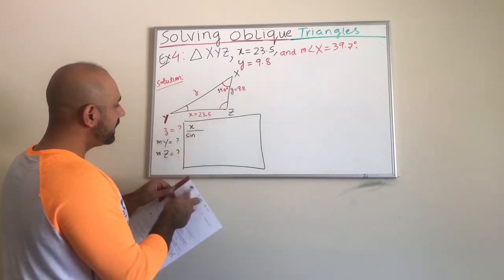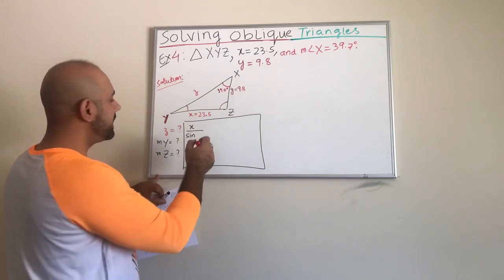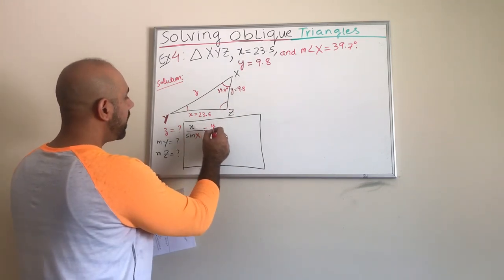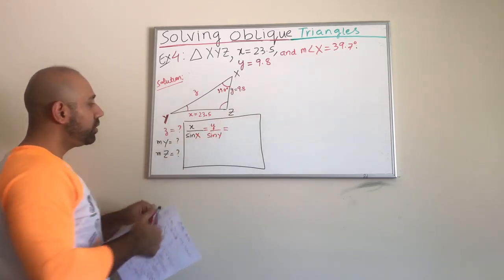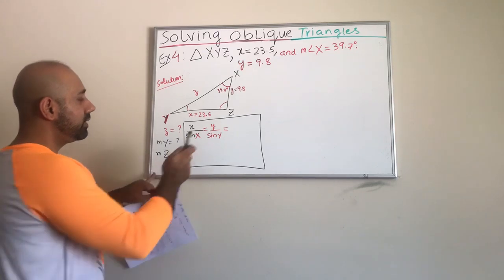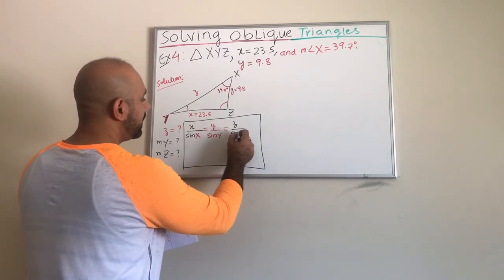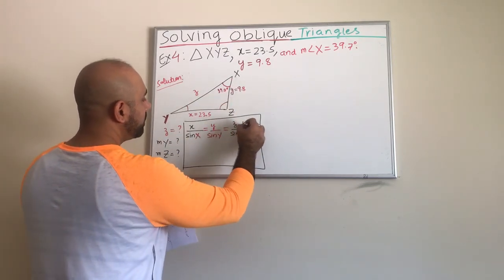The angle opposite to side x is obviously uppercase X. So it is x over sine X equals lowercase y over sine of angle Y, which is equal to the third ratio, lowercase z over sine of angle Z.